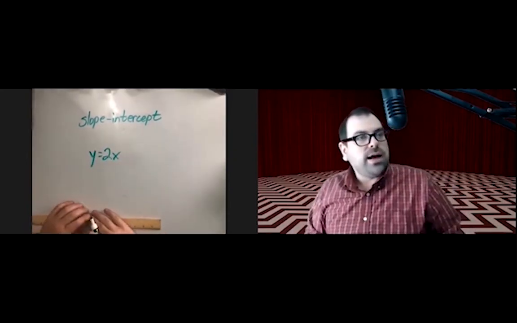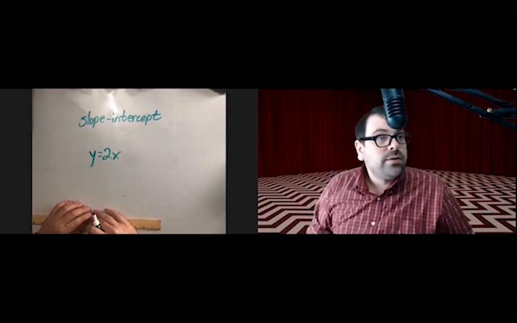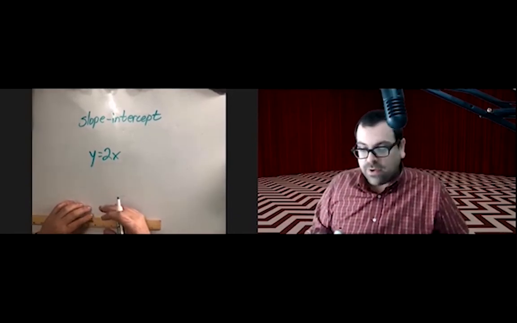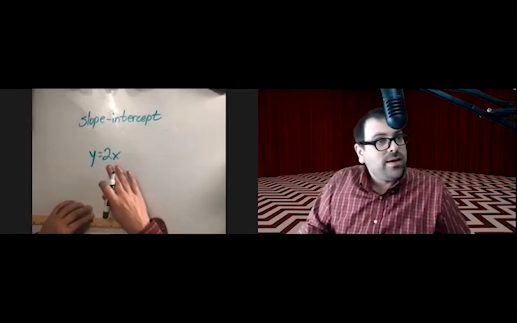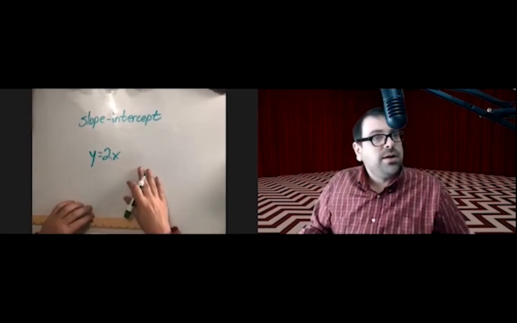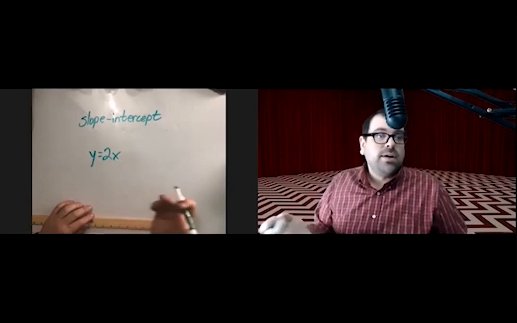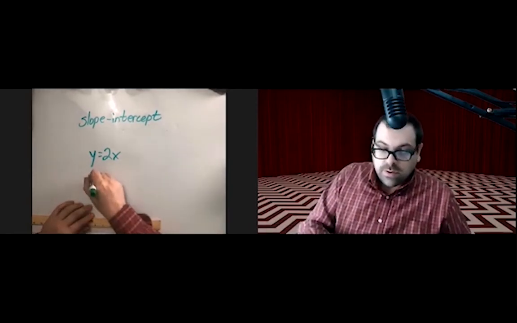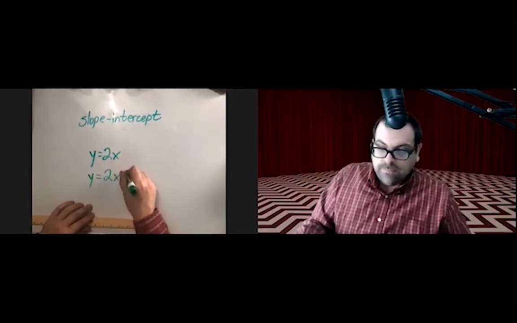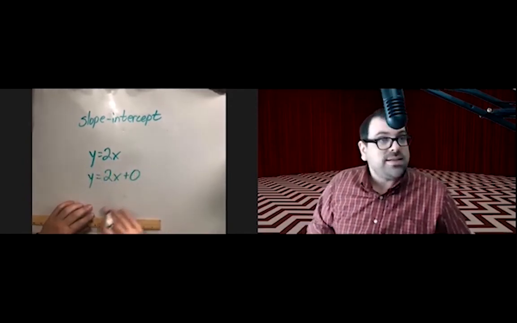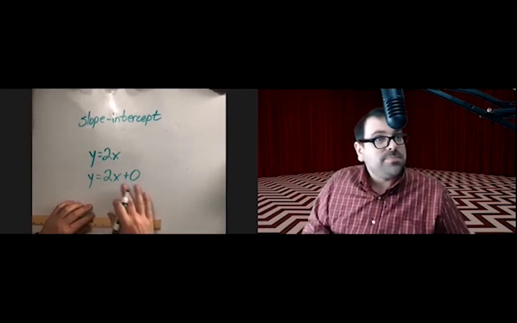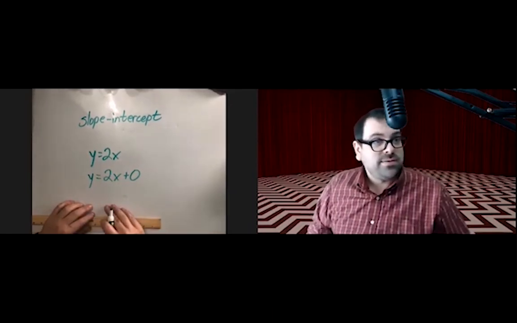How about this one? y equals 2x. Well, I said to be in slope-intercept form it has to be solved for y. There has to be an x term, and there has to be a constant term. I don't see a constant term. That doesn't mean it doesn't exist. Plus 0 simplifies to 2x.